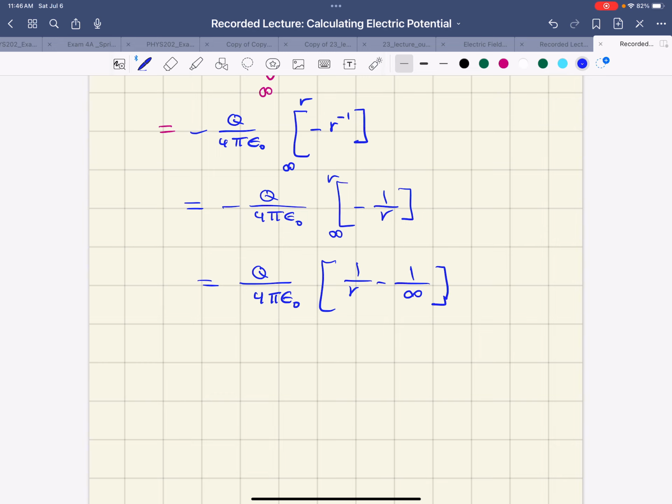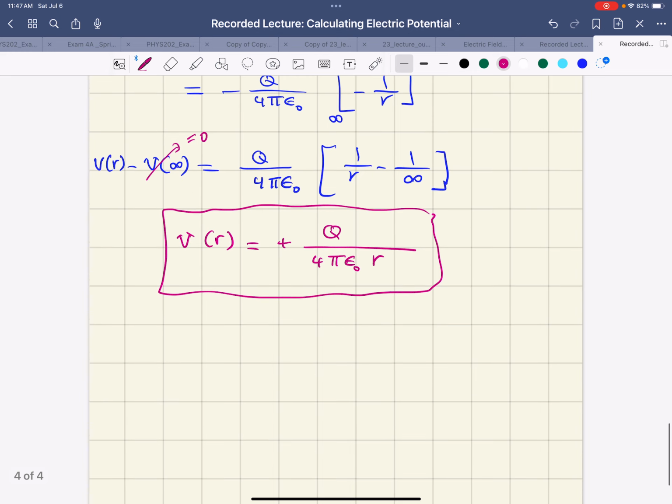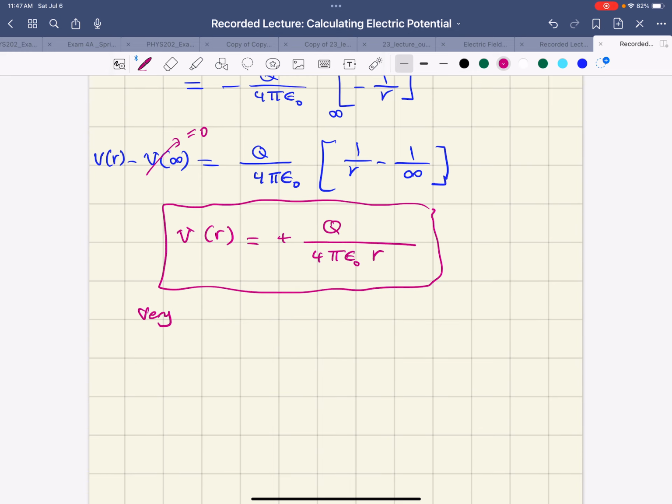And of course, we know that this is V of R minus V of infinity. By definition, V at infinity is 0, and therefore my V of R is going to be plus Q divided by 4 pi epsilon 0 R.